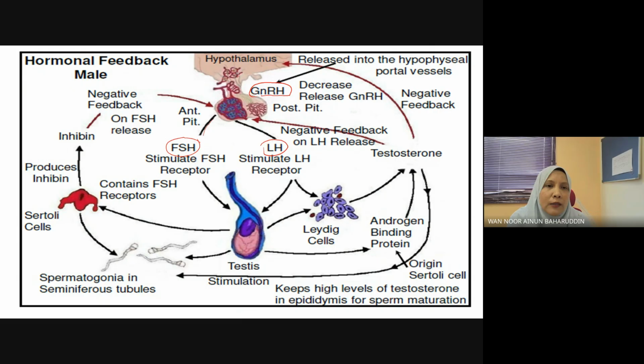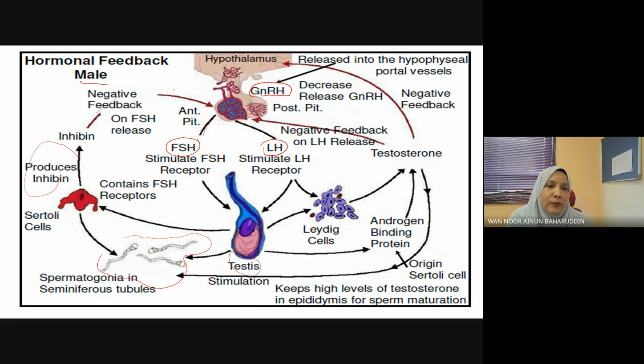FSH in male will stimulate the testes to produce inhibin to give negative feedback. As well as the testis also can stimulate the spermatogenesis.